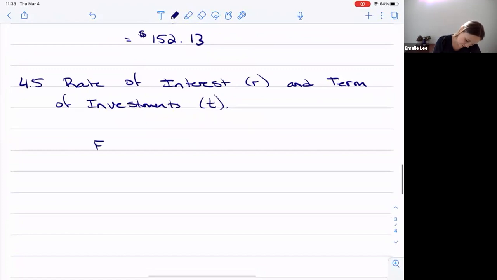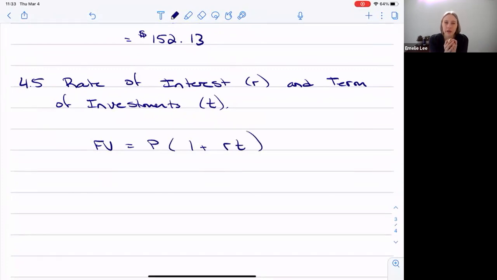So if we have the future value is P times (1 plus R times T), if I ask you to solve for R, you would always use the same procedure for all of these calculations, right?